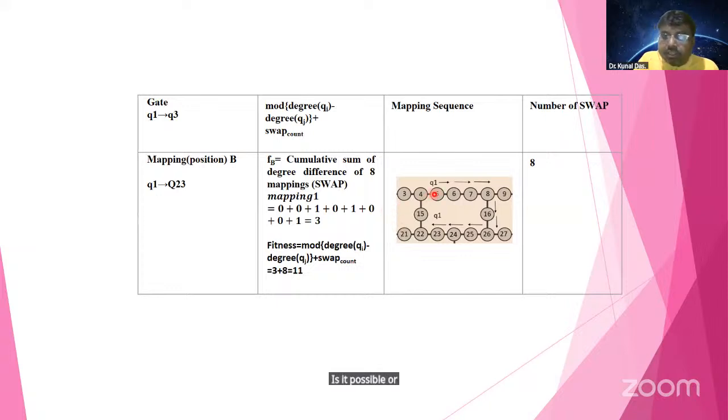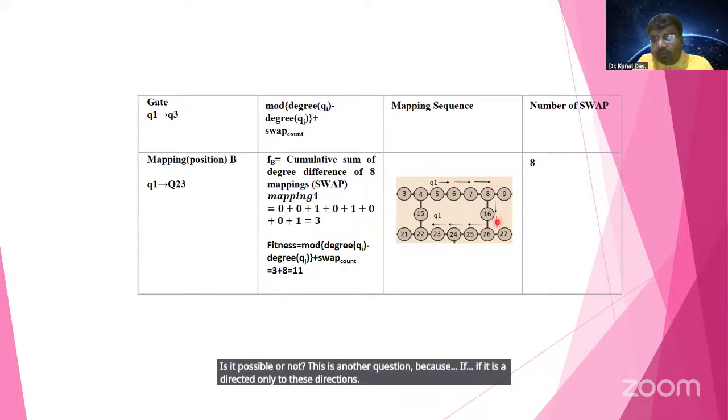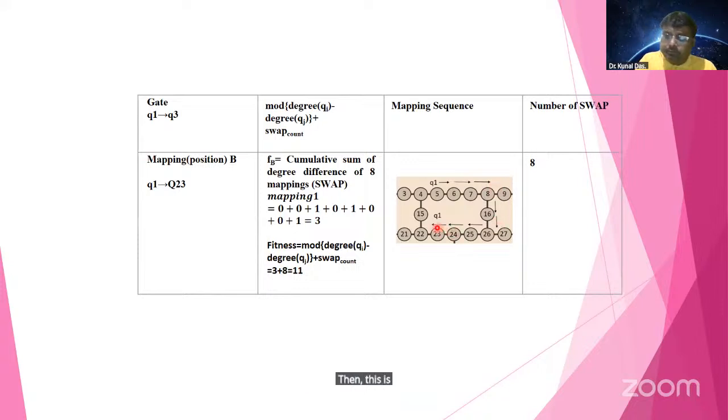This is another question, because if it is directed only to these directions, then this is the only way. I think in a study we have found that it is only these directions, because this is a directed graph. So connectivity is given by the direction.